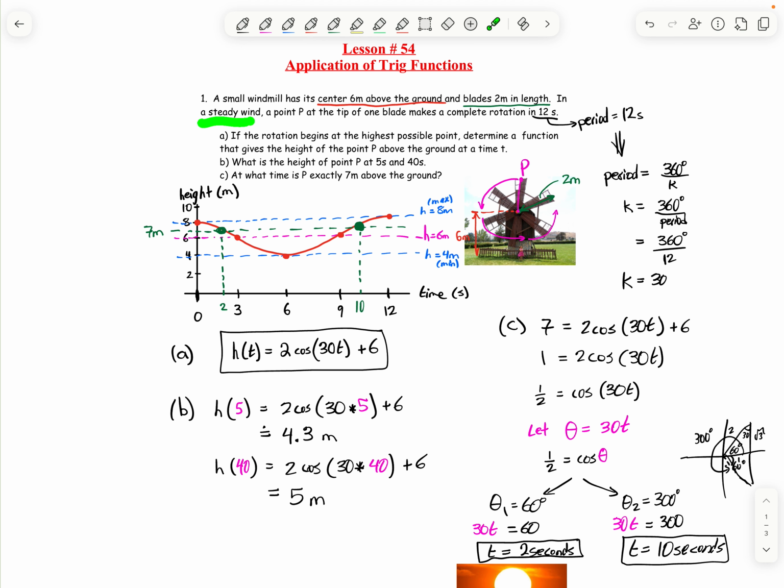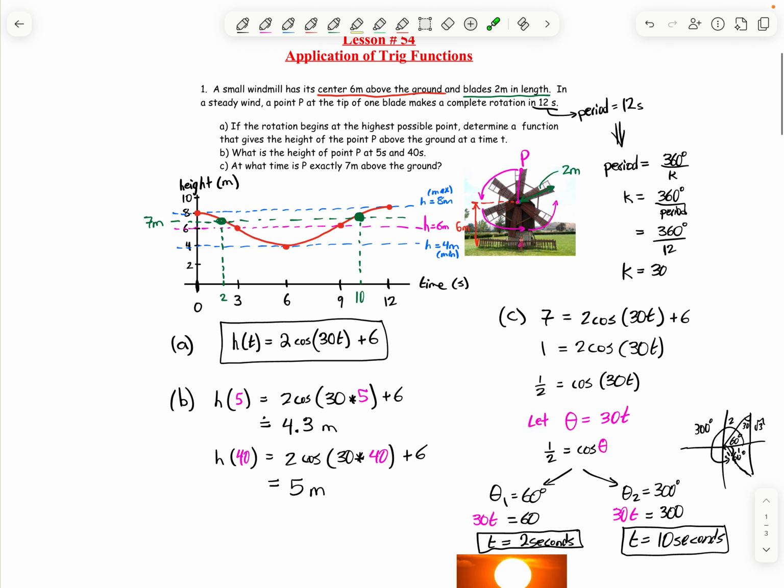In a steady wind, a point P at the tip of one blade makes a complete rotation in 12 seconds. For part A, we want to find the function that gives the height of point P above the ground at time t.